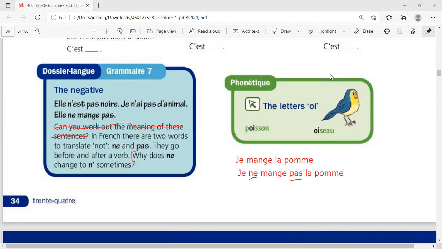So anyway, to highlight, to remember, write down H also. When the verb is starting with the vowel or H. Okay.